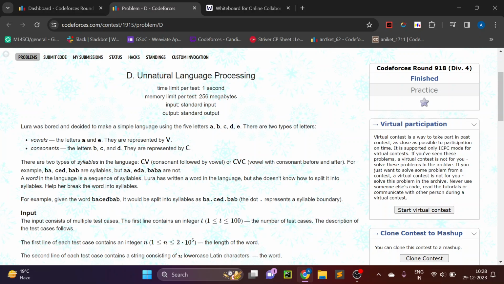Now we can break it as BA, CED and BAB, such that each partition represents a syllable, CV or CVC. BA represents CV, CED represents CVC, BAB also represents CVC, and we represent a partition by a dot. So we have to output this kind of string for this input.